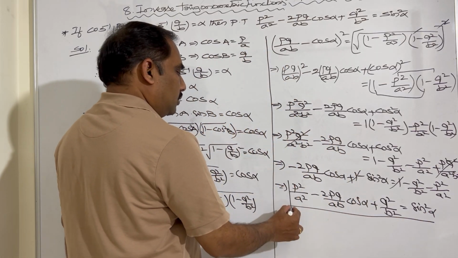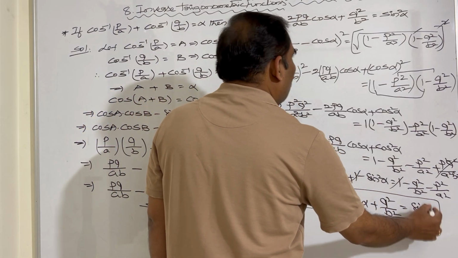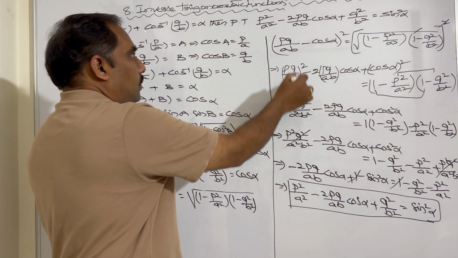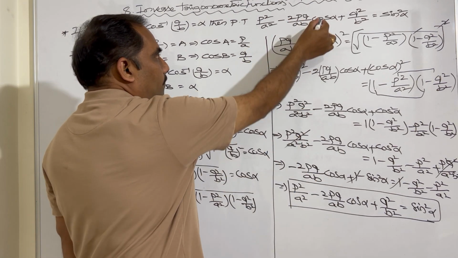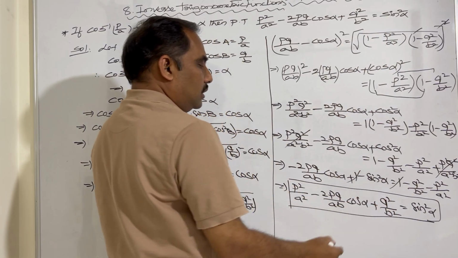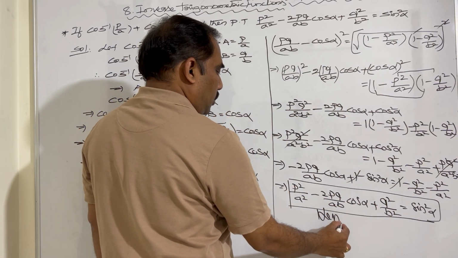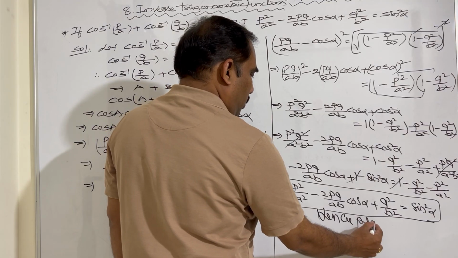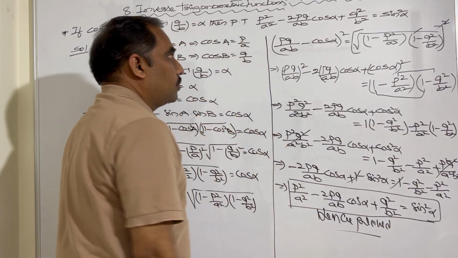So this is what we require to prove: p square by a square minus 2pq by ab cos alpha plus q square by b square is equal to sin square alpha. Therefore, hence proved. Like this we can prove the given problem.